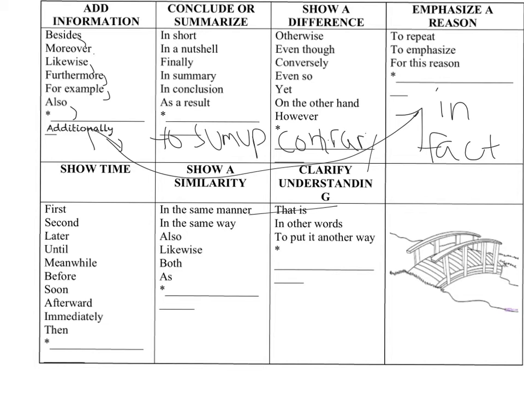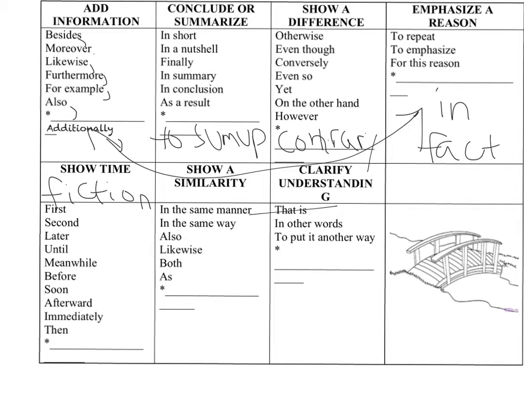Then the next one is show time. This is really popular to be used in fiction, any type of story that you're writing, or maybe if you are giving instructions, such as maybe a recipe. These might be some important ones to use, such as first, second, later, until, meanwhile, before, soon, afterward, immediately, then.